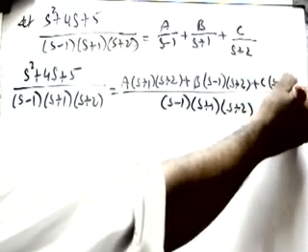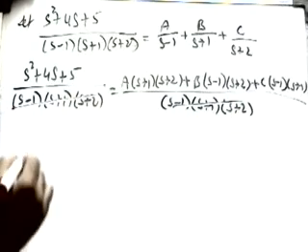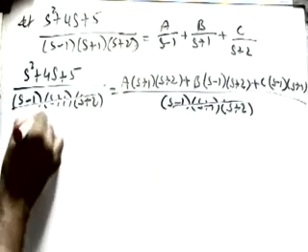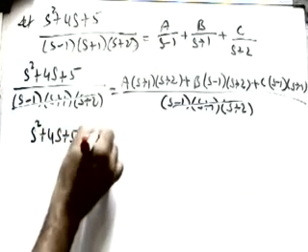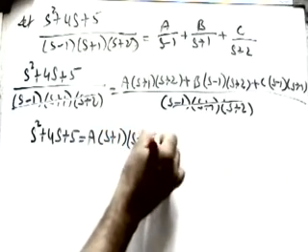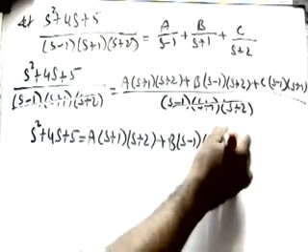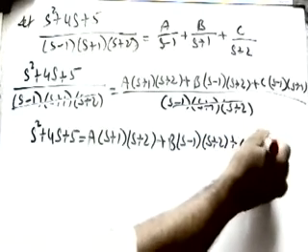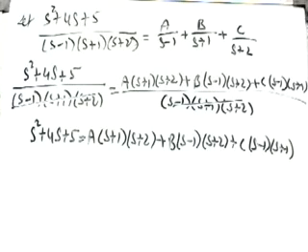Now plus c into, leave this one, s minus 1, s plus 1. Now this will get cancelled. What is left here? Let me write once more. s square plus 4s plus 5 equals a into s plus 1 into s plus 2 plus b into s minus 1 into s plus 2 plus c into s minus 1, s plus 1.